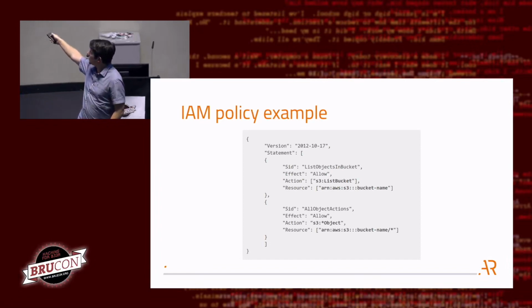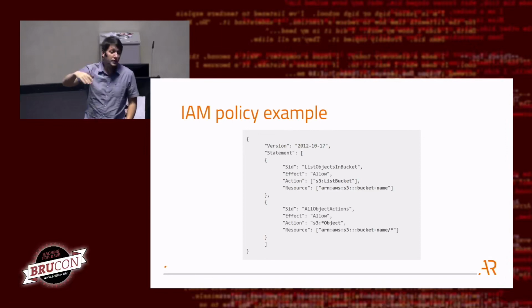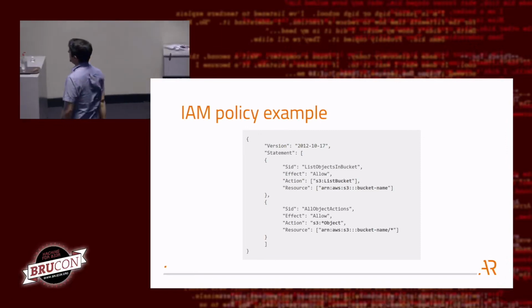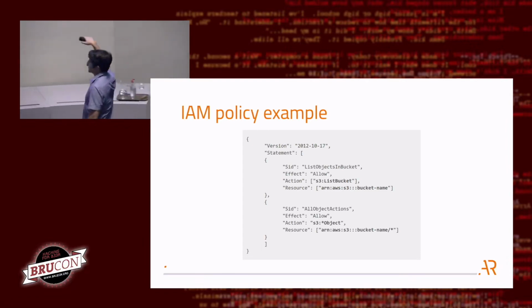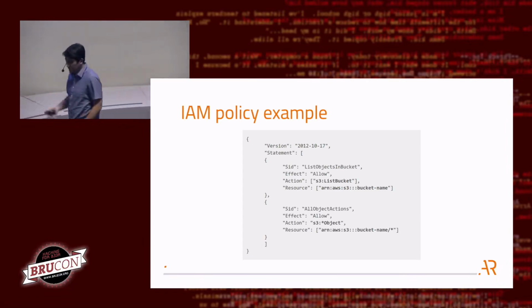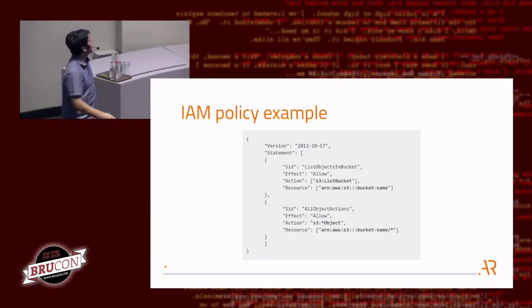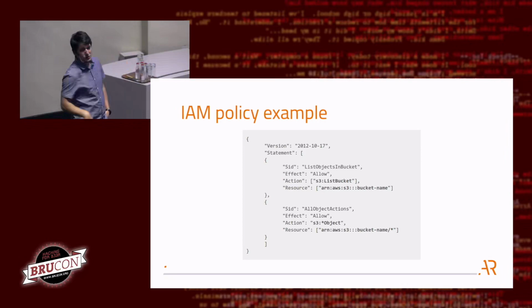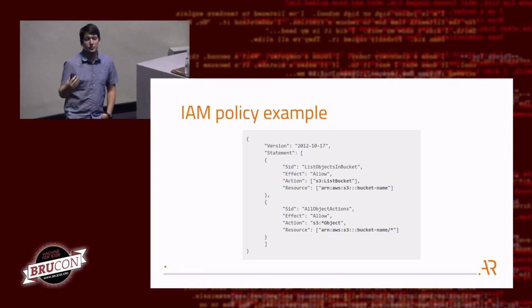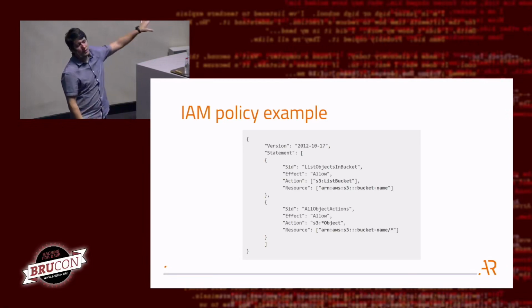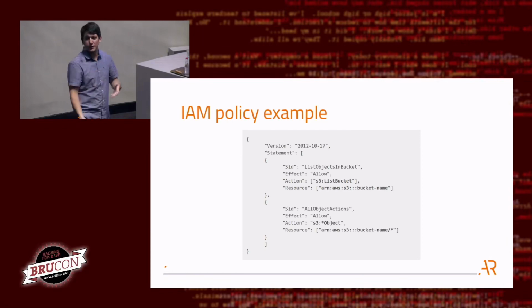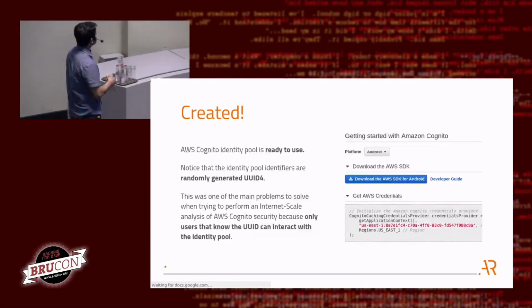S3 ListBucket is the action, the resource is a specific bucket, and the other action that's here is S3 star object, which is going to be something like allow the user to read and write, and finally also the resource where the user can perform those actions. So the developer, by defining this, is going to be defining the permissions that are going to be associated with AWS Cognito.